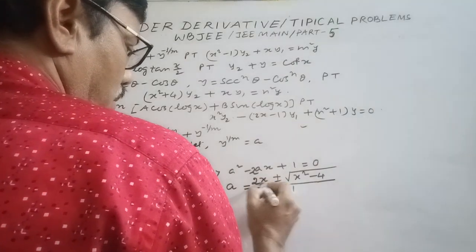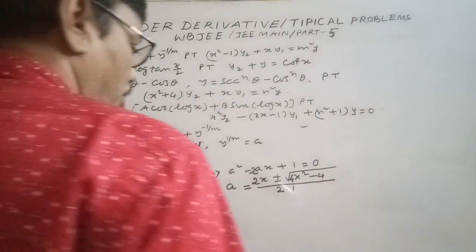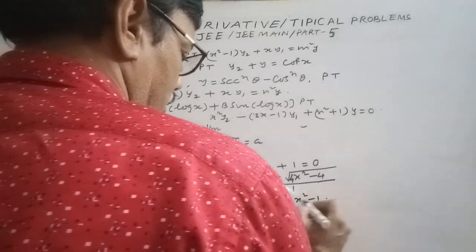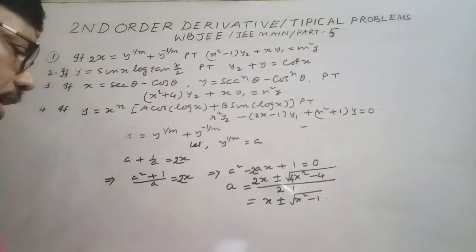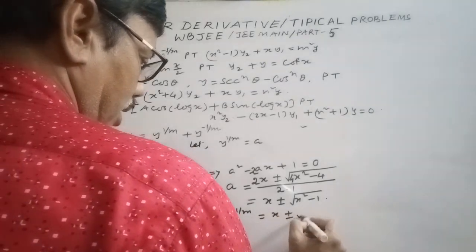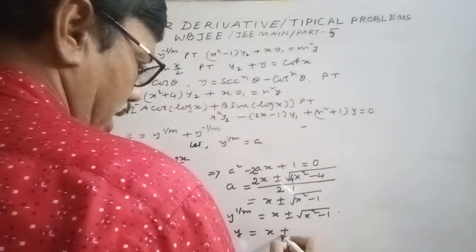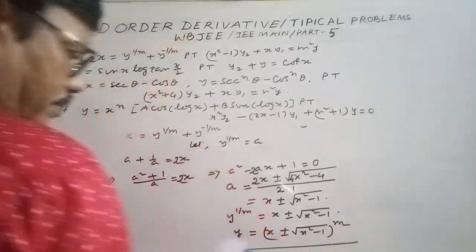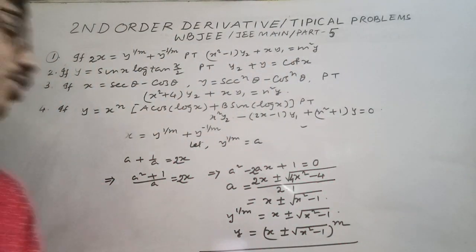So 2x plus minus root of 4x square minus 4, by 2 into 1. So x plus minus root of x square minus 1. So 2 is cancelled out. So what is a? a is y to the power 1 by m. So y equals (x plus minus root over x square minus 1) whole to the power m. So this is our main aim, to express y in terms of x.